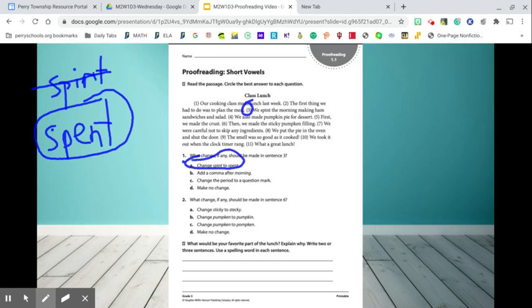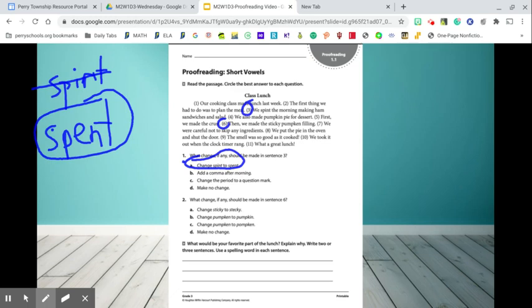Number 2 says, what change, if any, should be made to sentence number 6? Right here is 6. Then we made the sticky pumpkin filling. So we're looking at sticky, and they said change sticky from S-T-I-C-K-Y to S-T-E-C-K-Y.